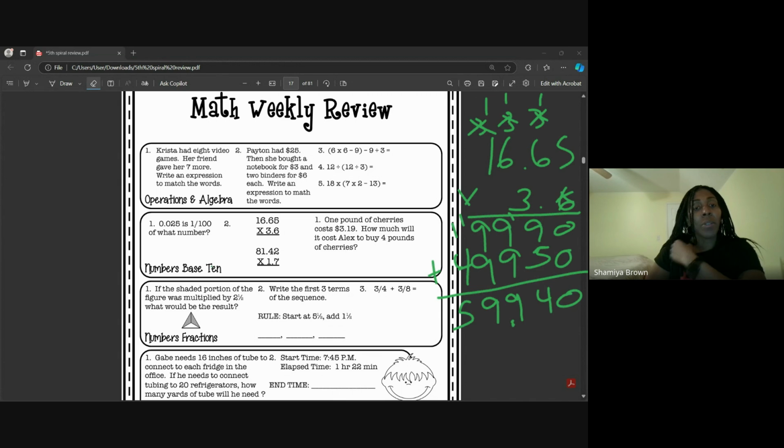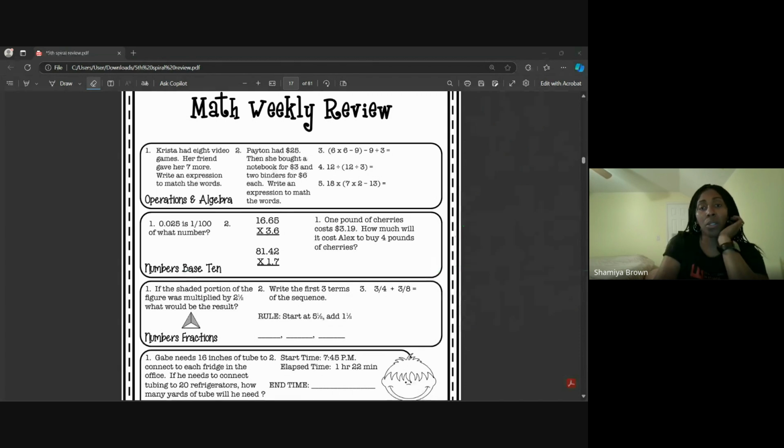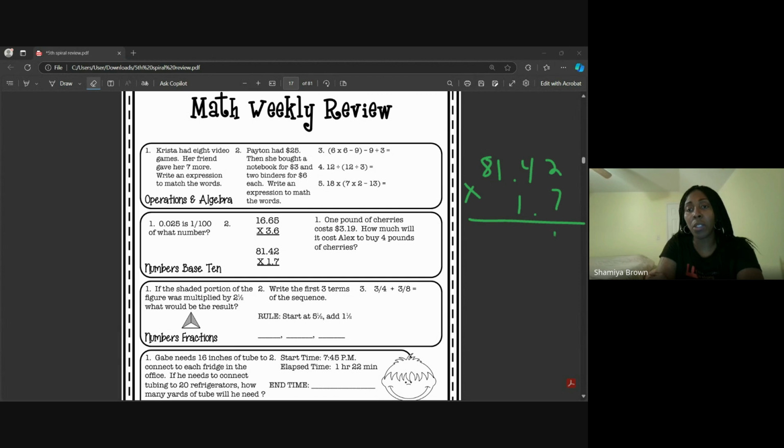Now for the second one, it's also multiplication with decimals. So I'll erase this and rewrite this. 81.42 times 1.7. 2 times 7 is 14. 4 times 7 is 28, plus 1 is 29. 1 times 7 plus 2 will be 9. 8 times 7 will be 56.